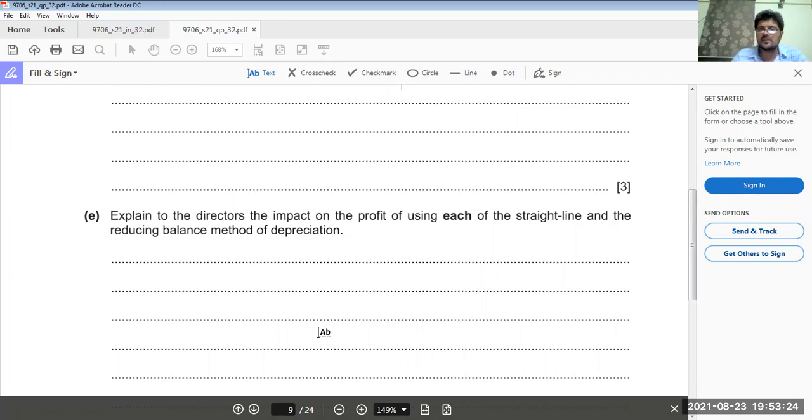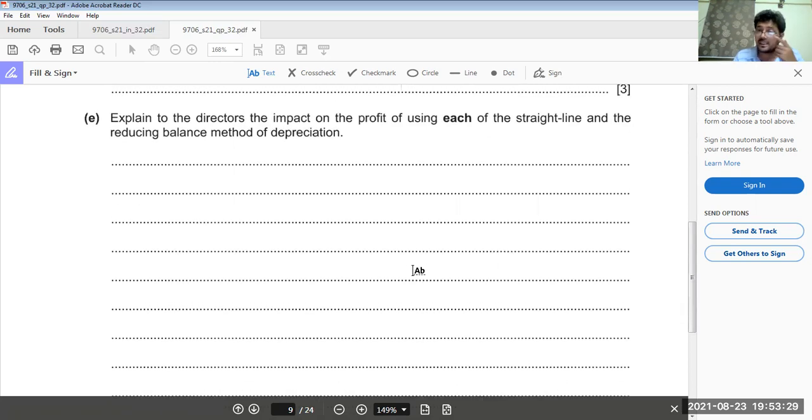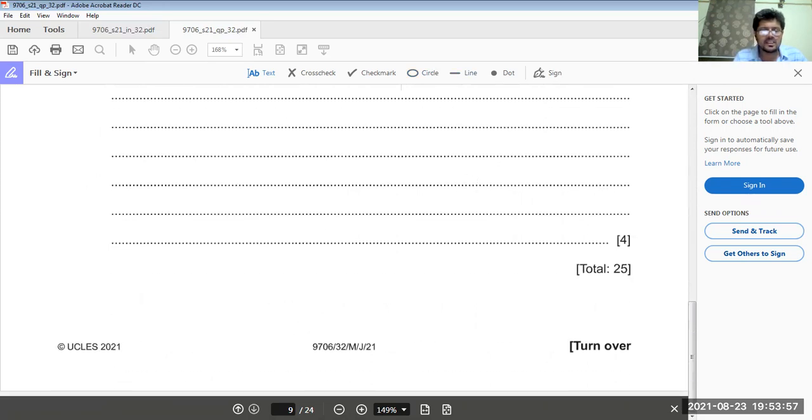Straight line gives a constant decline in profit, and the diminishing balance method shows a declining charge against profit, with a greater tax shield in the beginning and a lower tax shield at the end. Okay, so I think this is the end of the question.